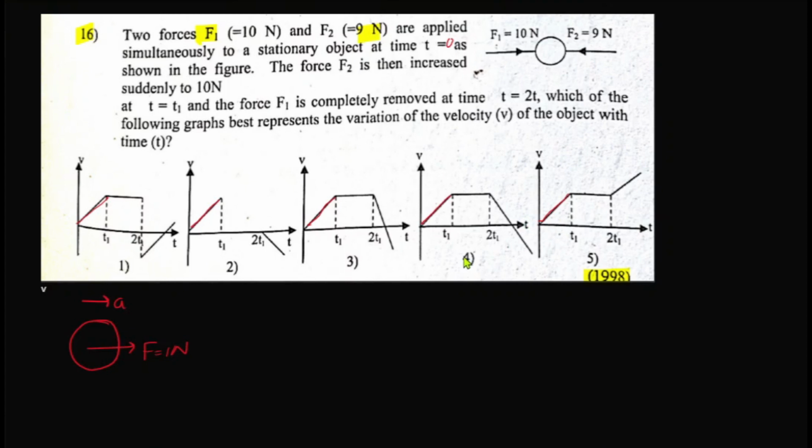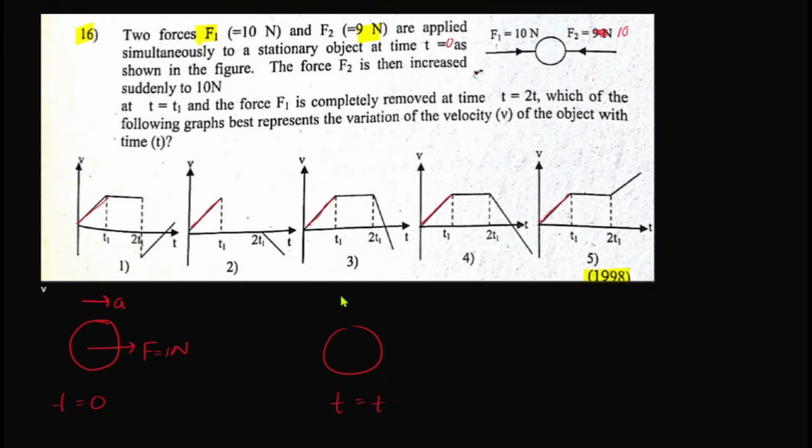Now what they're saying is, at t equals t1, F2 is suddenly increased to 10 newtons. Now F1 and F2 both are 10 newtons, which means there is no resultant force.